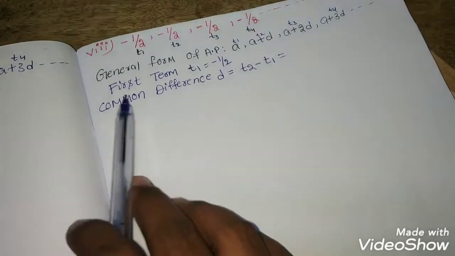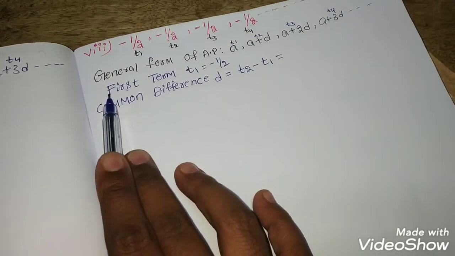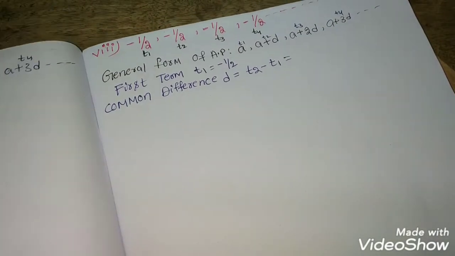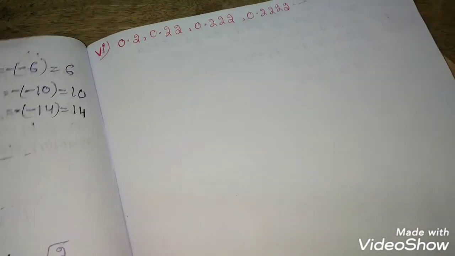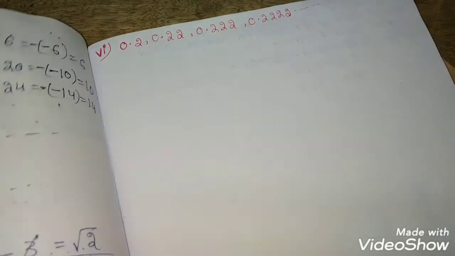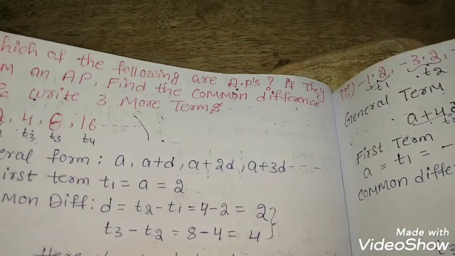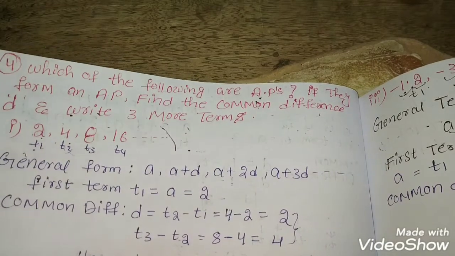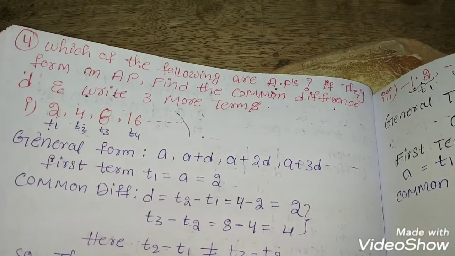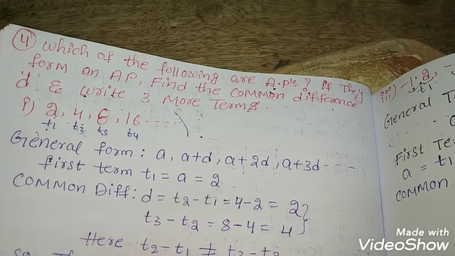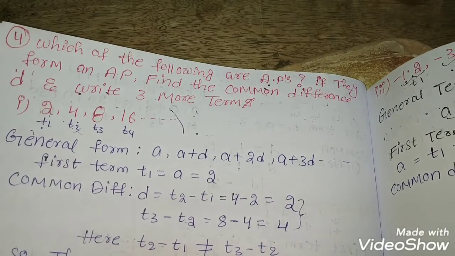So let's start our solution. We are solving question number 4. Which of the following are arithmetic progressions? If they form an arithmetic progression, find the common difference d and write 3 more terms.